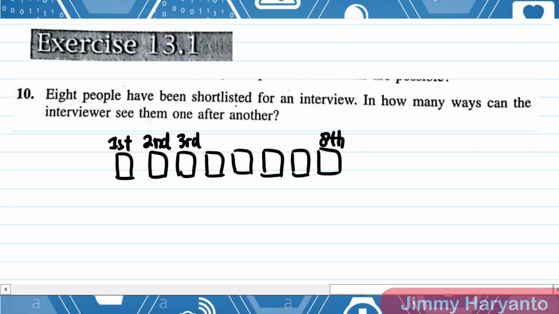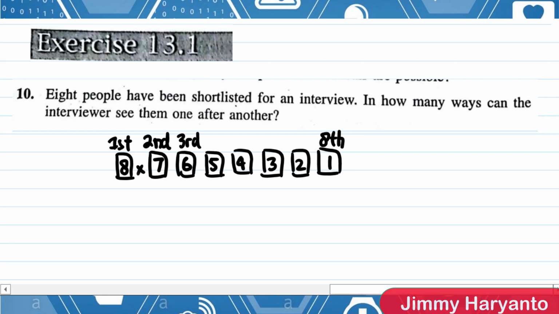For the first person it will be 8 possibilities. It can be A, B, C, D, E, F, G, H, it can be anyone, 8 people. But the first box already took 1 person, right? So for the second box we only have 7, then 6, 5, 4, 3, 2, 1.